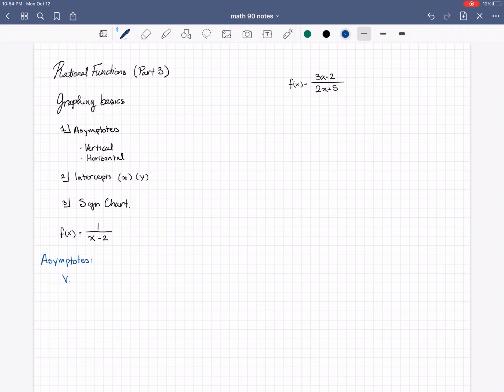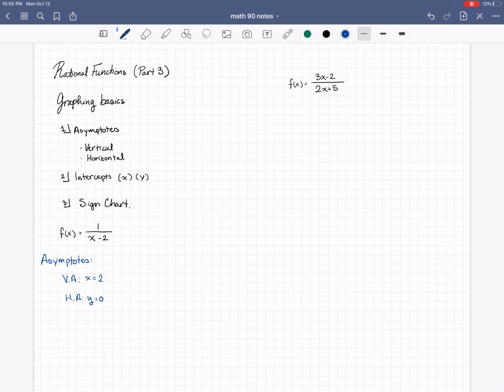The vertical asymptote, which I'm abbreviating v.a., is the line x equals 2. And the horizontal asymptote, which you'll remember we constructed a table of values for, is the line y equals 0.